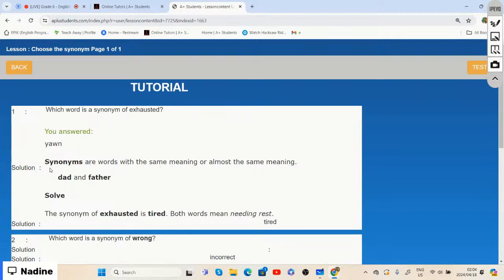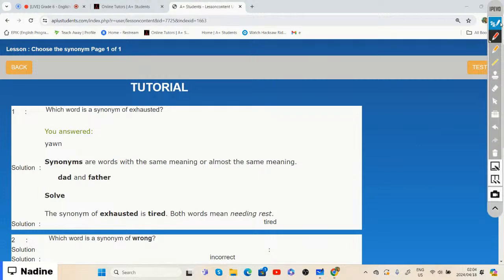So when it comes to synonyms, synonyms are words with the same meaning, or words with almost the same meaning. For example, dad and father.